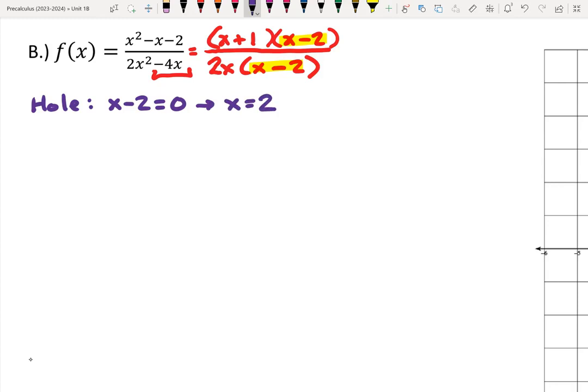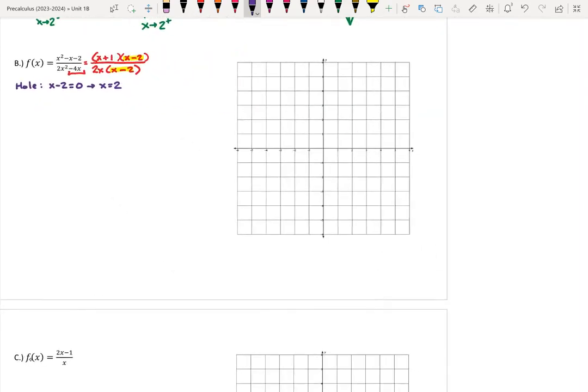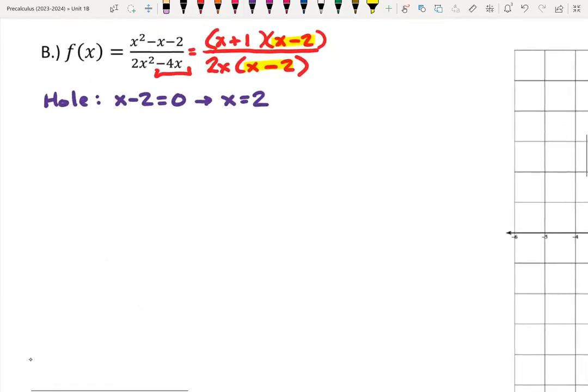Okay, one thing that we haven't done up to this point when we're finding our holes, all we've done is say there it is, at x equals 2. But when we want to graph, we actually want to know where am I going to put my hole? Where is it located? So I need to know what is that y value.